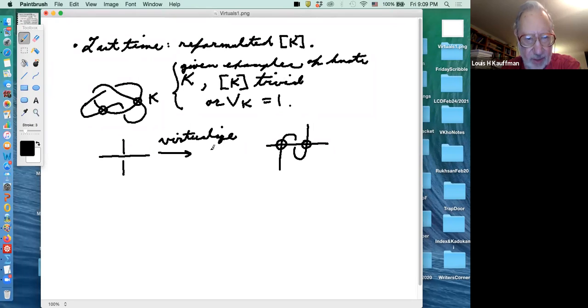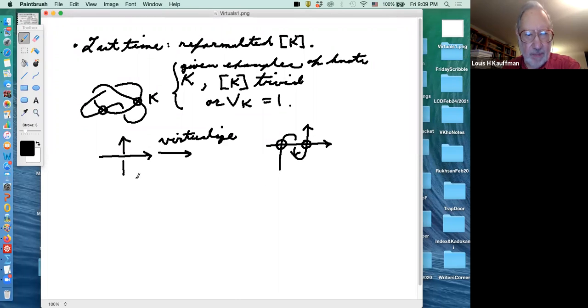So the only thing that's changed between these two diagrams is the sign of this crossing. If this, for example, had been a positive crossing, then you see that it is now, because this goes down through, a negative crossing, and we changed the sign.